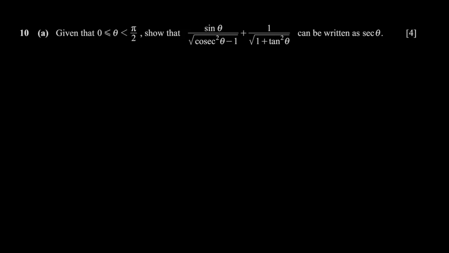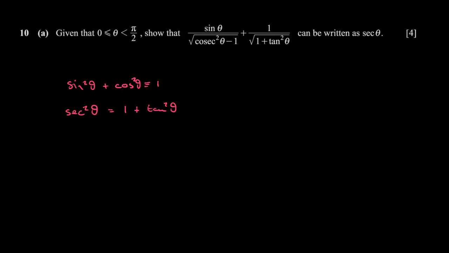So if you just go to your list of formulas on the first or second page, you should see a couple of things. You'll see sine squared theta plus cos squared theta is equal to 1. And next to that, you'll see sec squared theta is equal to 1 plus tan squared theta.